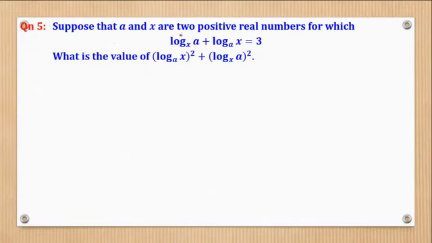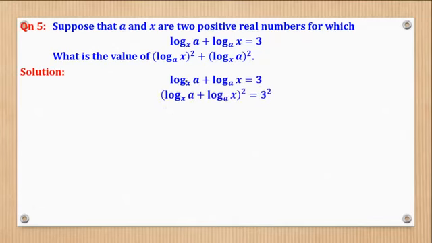Question 5. Suppose that a and x are two positive real numbers for which this plus this is equal to 3. What is the value of this? So these ones are of different bases. We are going to first multiply both sides.